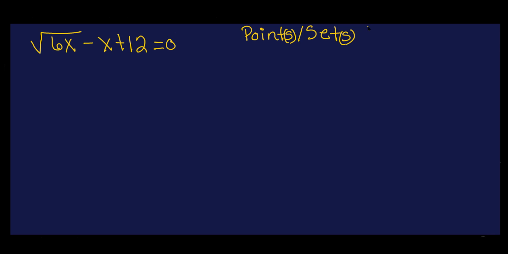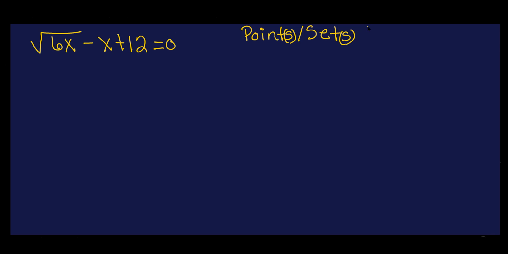Okay, so you have the square root of 6x, minus x plus 12 equals 0. We want this problem to eventually equal 0, but when you deal with the square root, you really want it to be alone, on its own.